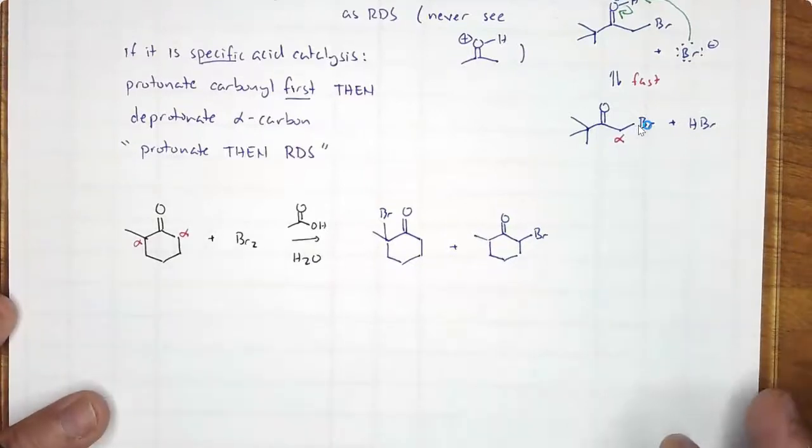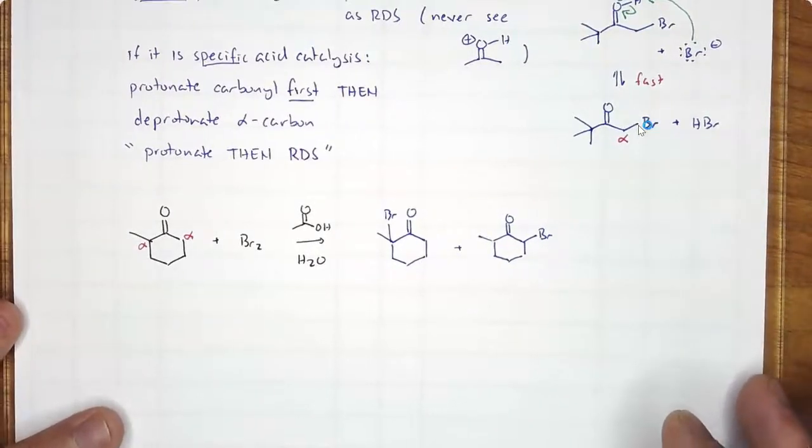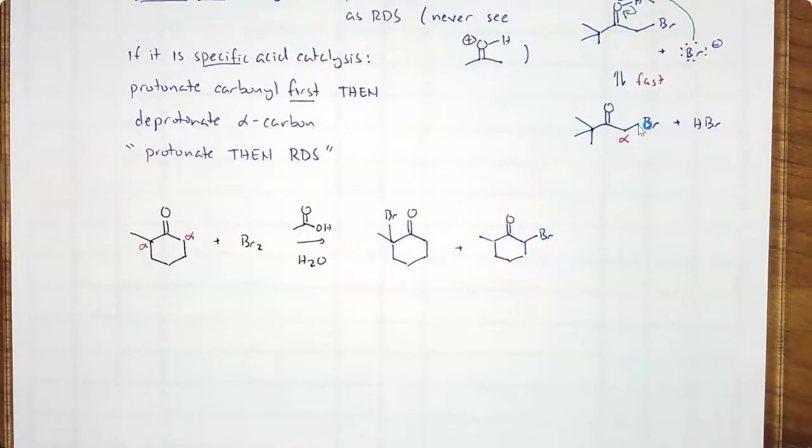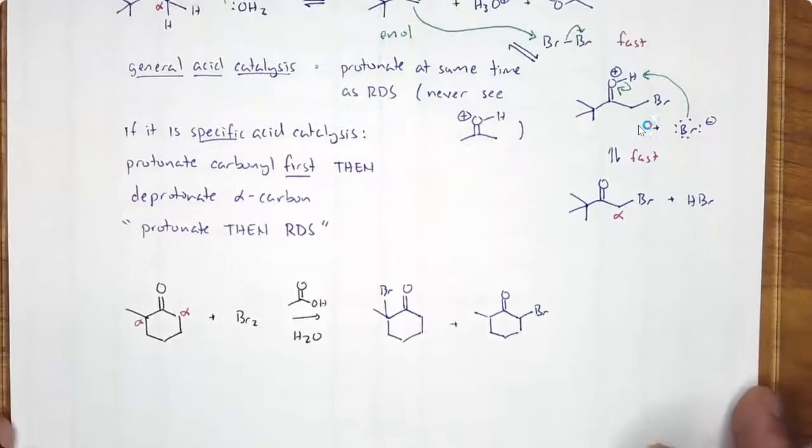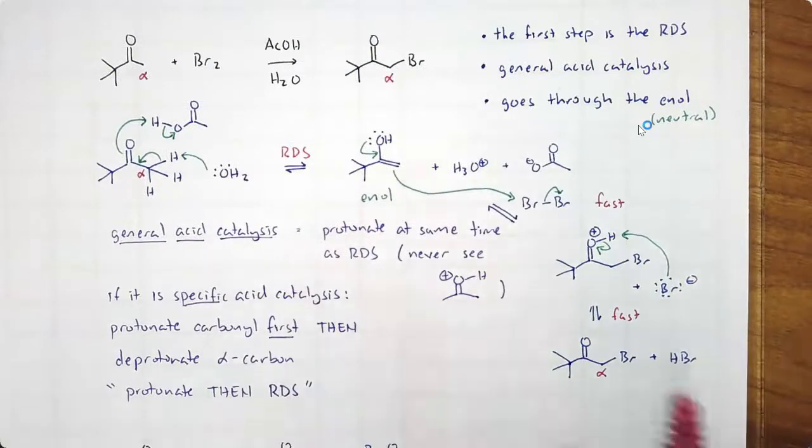Which alpha hydrogen is more acidic in this case? Maybe that's not the best question. The better question is, are we forming the thermodynamic or the kinetic product? What I should have emphasized up here is that everything is at equilibrium.